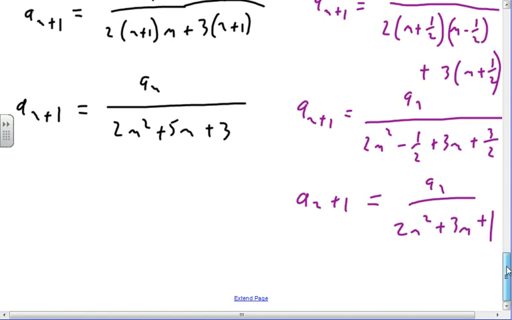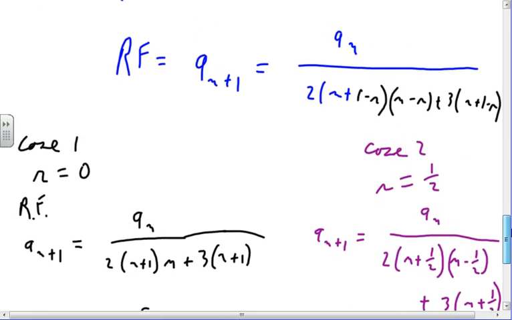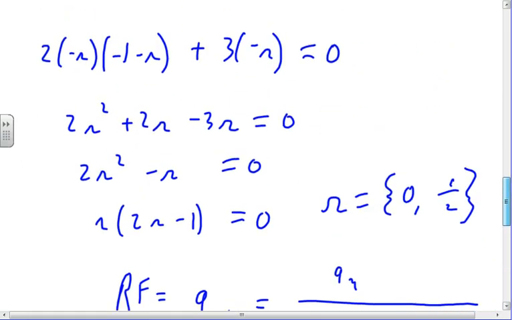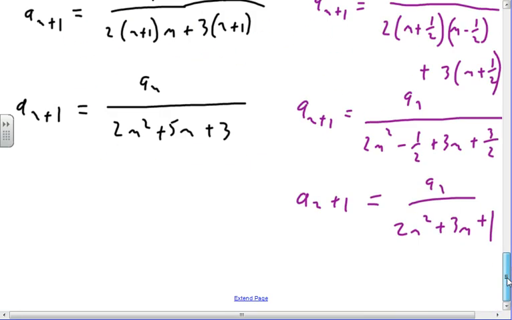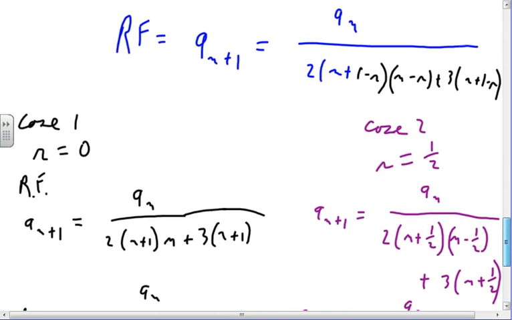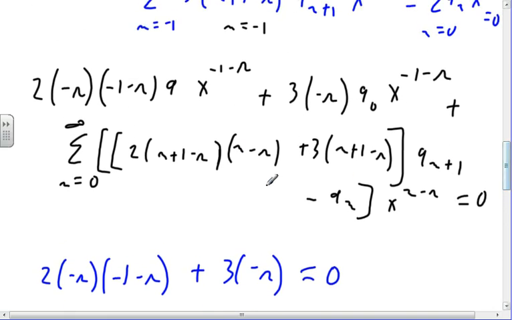All right, so now you have two recurrence formulas, one for each case, and now we're going to start doing something. So a0, now look back at the summation sign. This goes n equals 0 to infinity.